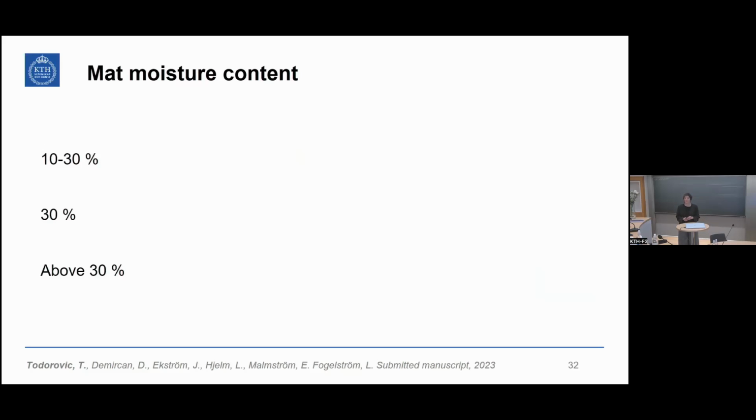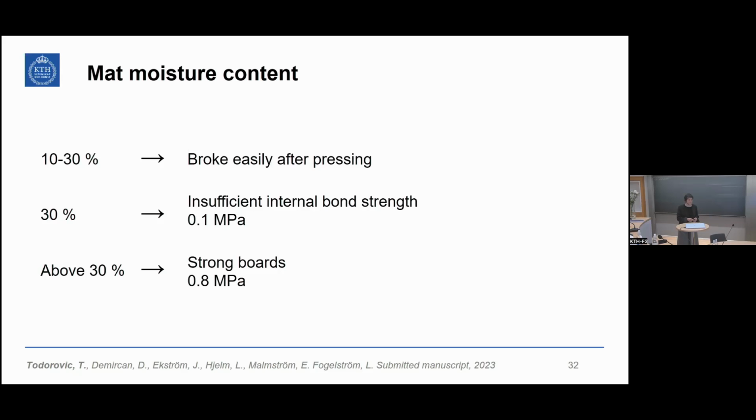In the first set of experiments, we analyzed how moisture content affects the strength of the adhesives, and we prepared different boards with different moisture contents. They can be grouped in these three groups: below 10%, 10 to 30%, and about 30% moisture content. In the first group, when we had low moisture content, boards broke easily after pressing.